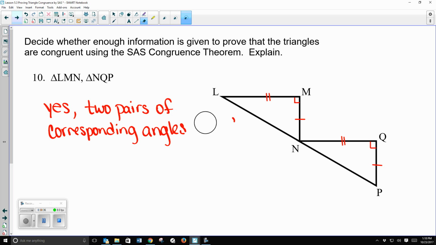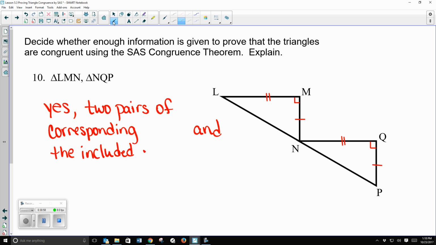That didn't work. I messed that up. Not angles, is it? You don't want to tell me, do you? Sides. And the included angles. Two pairs of corresponding sides and the included angles are congruent. That's how we know.